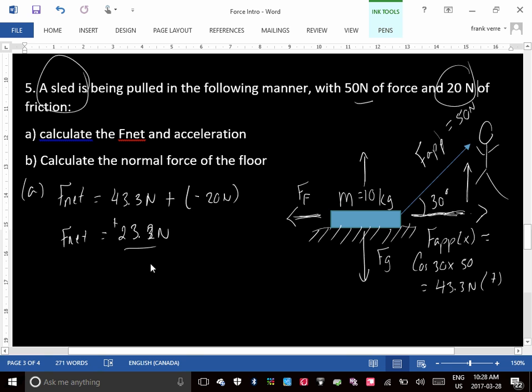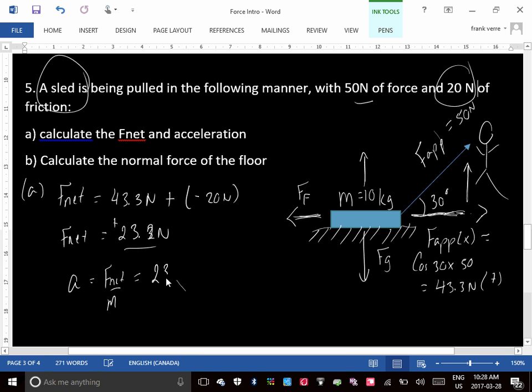How do you do the net acceleration then? Yep. So it's the F net over the mass. There's a definition of acceleration as F over M. So it's going to be the net force, because that's what we're working out, over the mass.